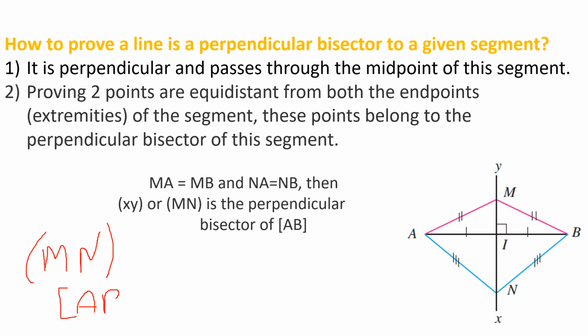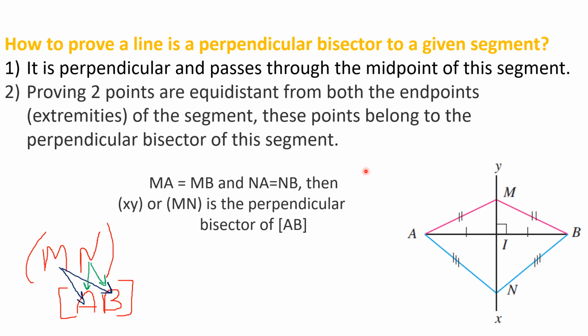We said that it's a property: any point that belongs to the perpendicular bisector is equidistant from the endpoints of the segment. So, it is enough to prove that MA is equal to MB and NA is equal to NB.